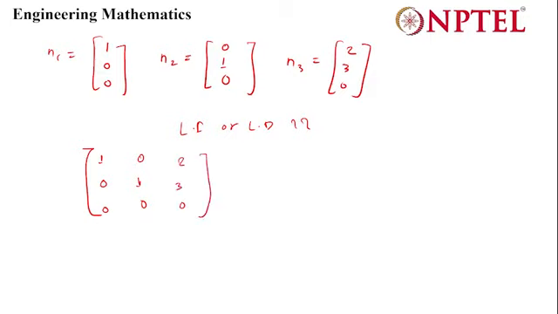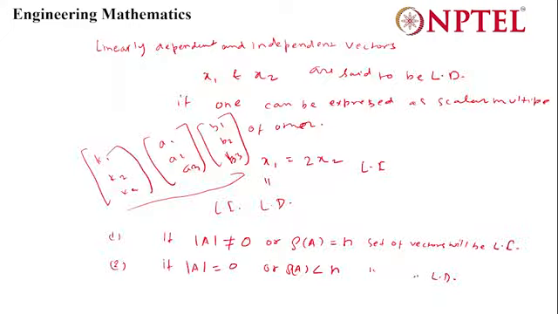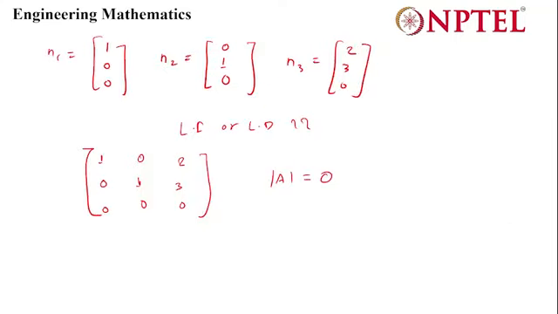If you calculate the determinant of this matrix, it will come as 0. So in our two steps, if your determinant is coming 0 or the rank of the matrix is less than the order, then your vectors are linearly dependent. That was a very simple question because your determinant is coming 0. So that will be a linearly dependent question.